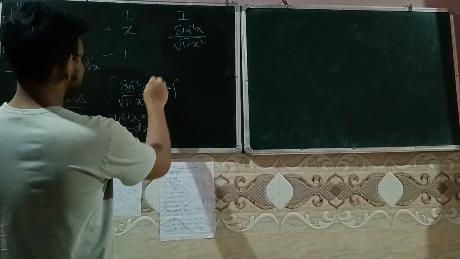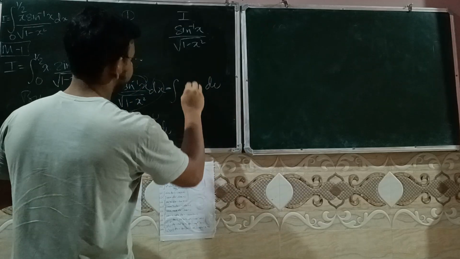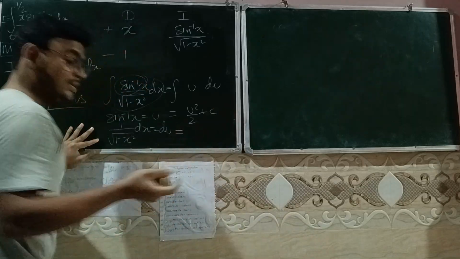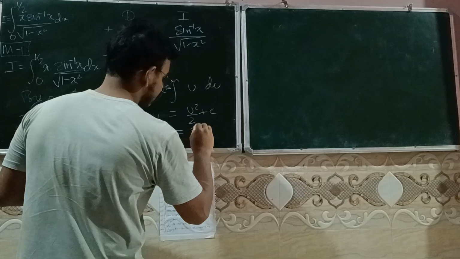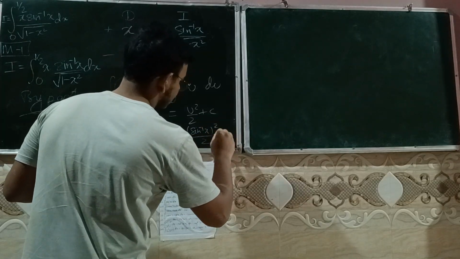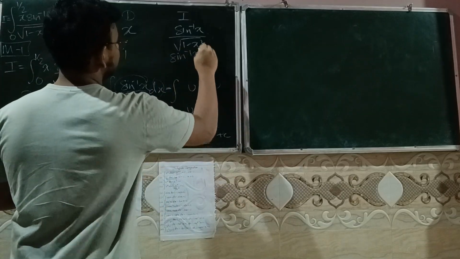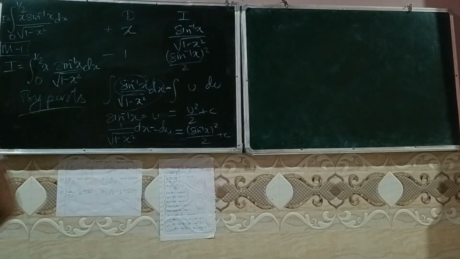So this becomes du, and we have u, so the integral is u squared over 2 plus c, and u is sine inverse of x. So this is sine inverse of x whole squared over 2.